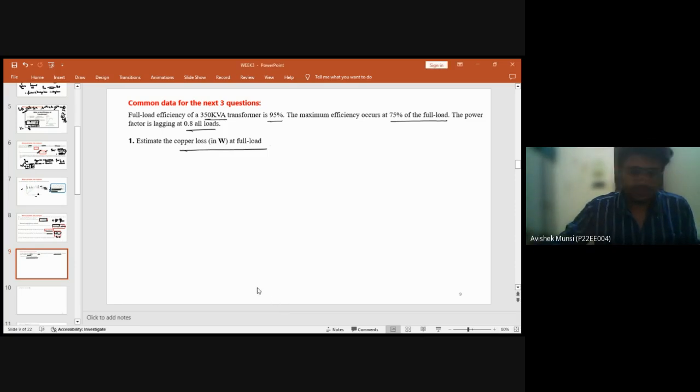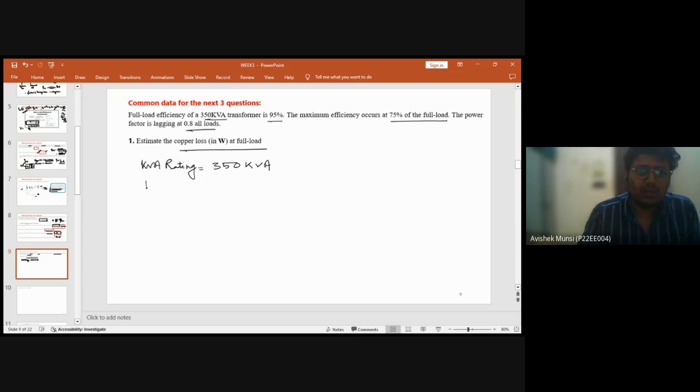Let me solve it. See here, the kVA rating of the transformer is given. We don't have the copper loss and iron loss, so we can go this way. We have a kVA rating of 350 kVA.